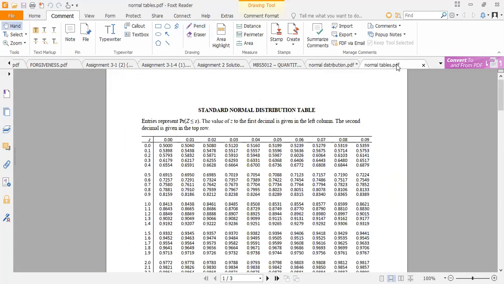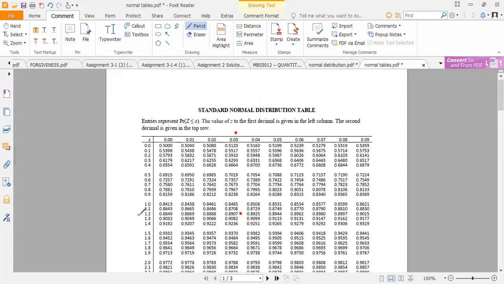So let's use this. Let's check where there's 1.2. It is here. And under 0.03, it is here. So where are they meeting? They're meeting at a point 0.8907.